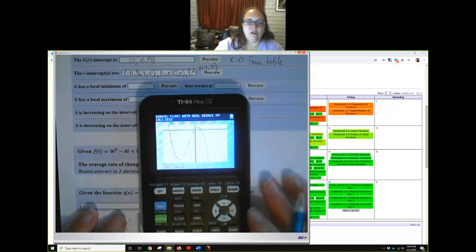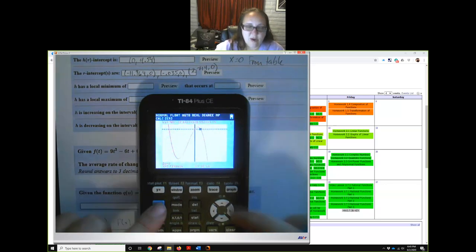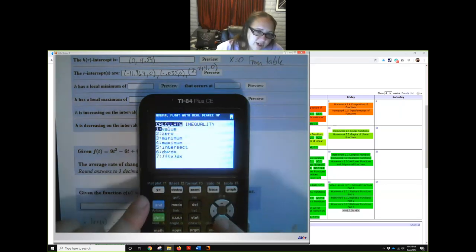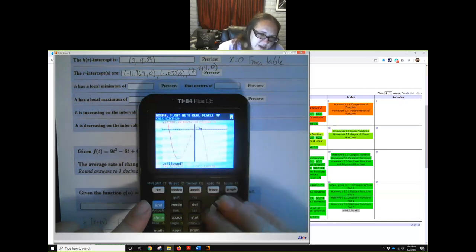Now, local min and local max are going to be found in a very similar way. We're going to go to second and then calc. We're going to do the minimum, so we'll go down to 3 and press enter. Move my cursor so that it is anywhere to the left of that minimum. So here's my minimum-ish, anywhere to the left. Enter. Anywhere to the right. Enter.